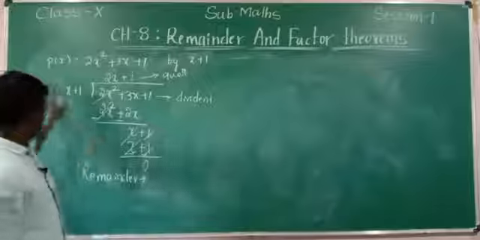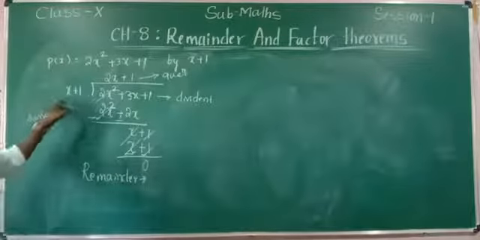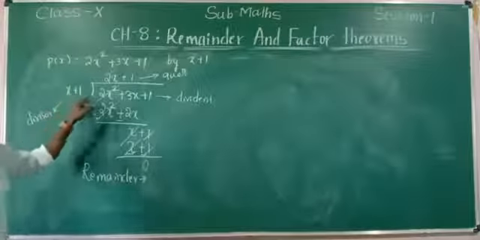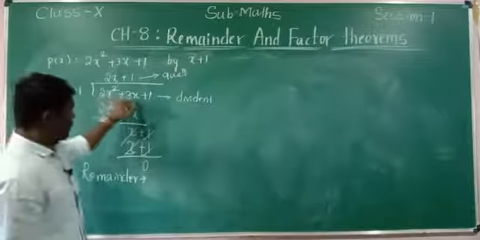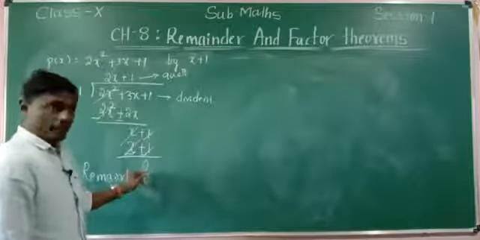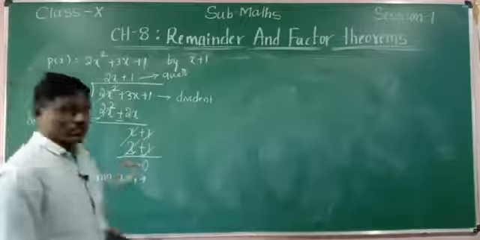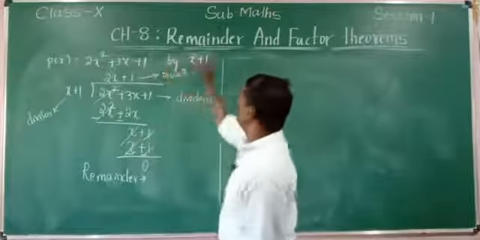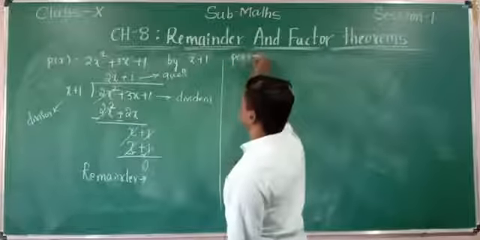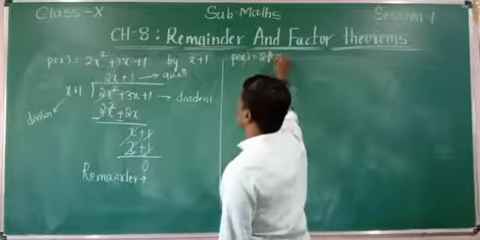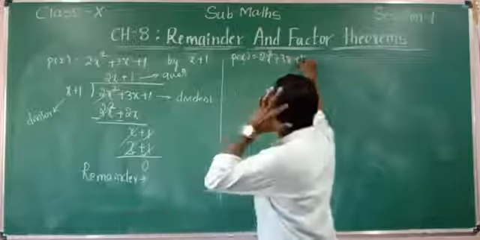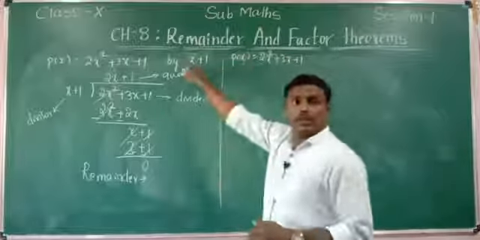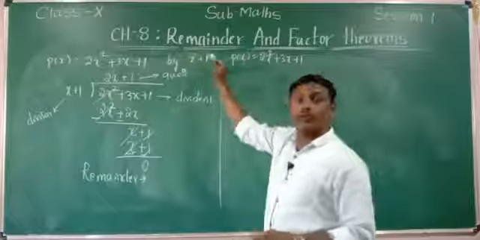Okay, so by dividing x plus 1 into the whole expression 2x square plus 3x plus 1, we get the remainder as 0. What we have here? The given polynomial is p of x is equal to 2x square plus 3x plus 1. We are dividing the whole expression with the help of x plus 1.